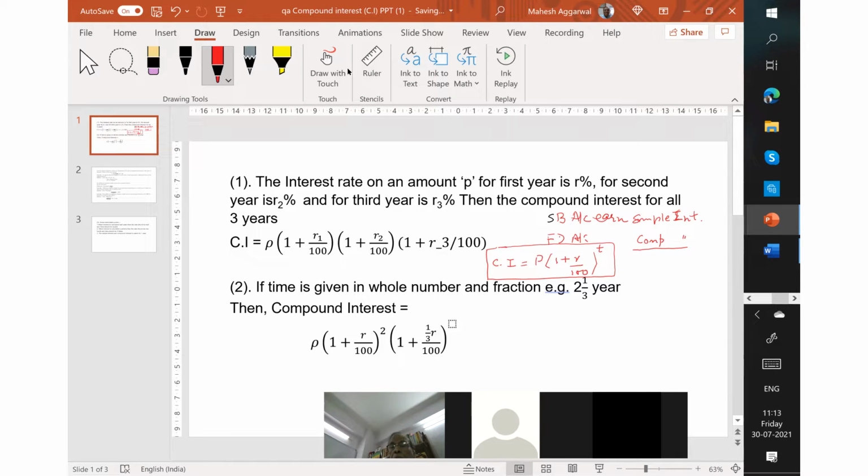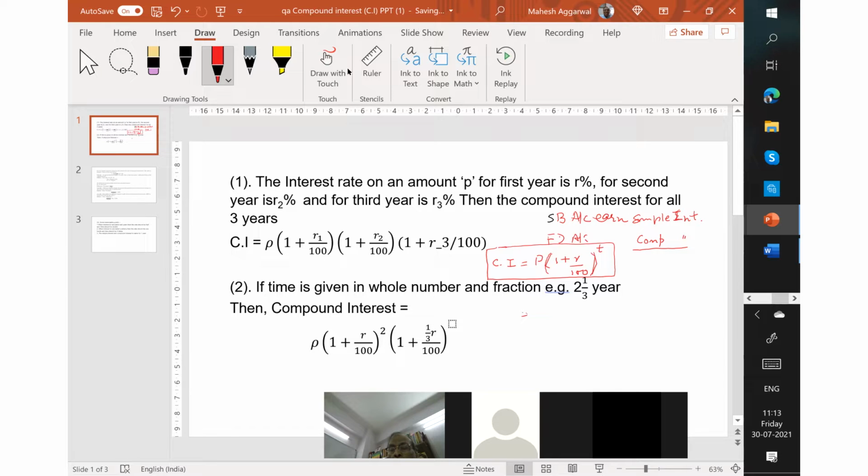This is a simple formula for compound interest. Now this formula appears to be very simple, but the calculations are not that simple. Reason being, this particular expression is raised to some power. Suppose the rate of interest is 5% and time is 4 years. I'm just giving you an example. So what will be the compound interest?